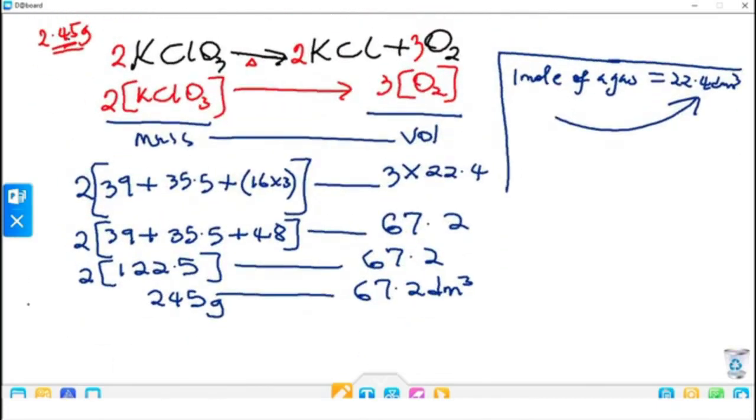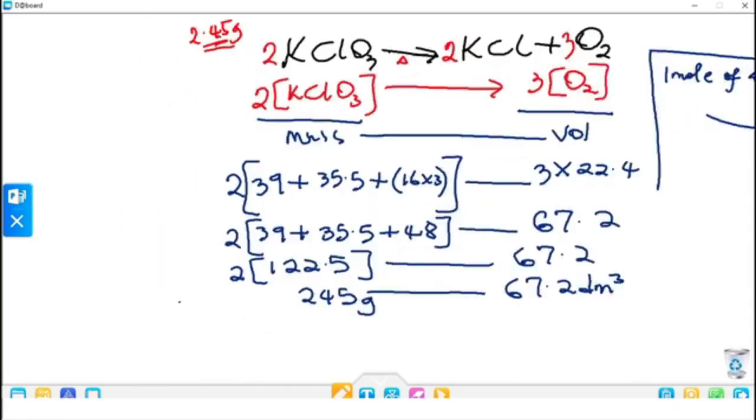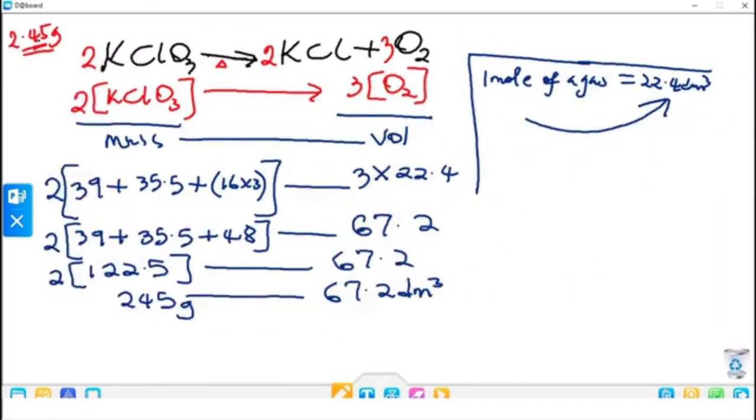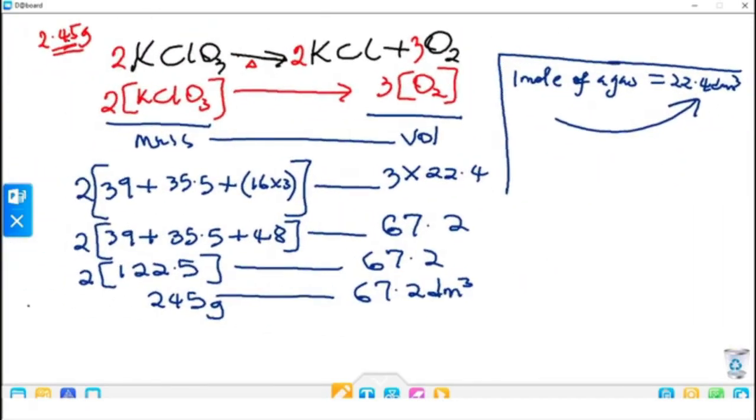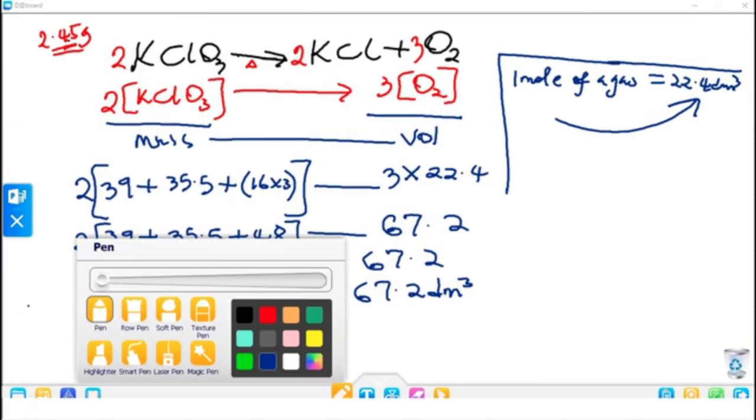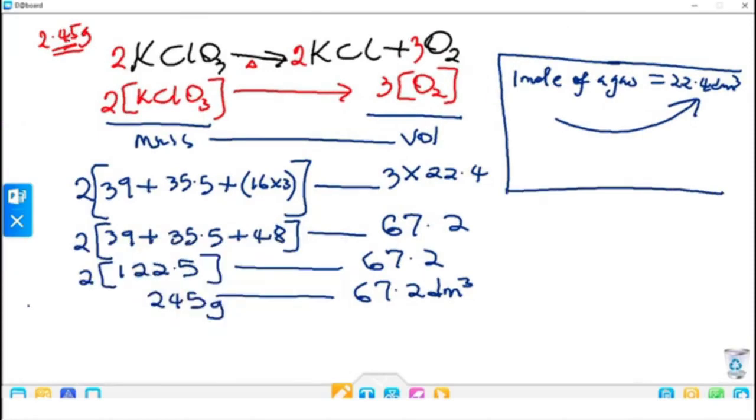According to the equation, 245 grams of potassium chlorate produces 67.2 dm cube of oxygen gas, because we have confirmed that 1 mole of a gas will give 22.4 dm cube. And from the equation, we have 3 moles of oxygen gas.